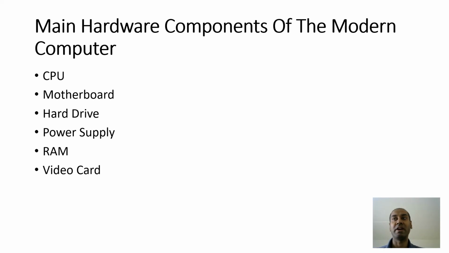Now the power supply. If I was to relate this to a person, it allows you to regulate voltage and stuff coming into your computer. It basically gives power to everything.